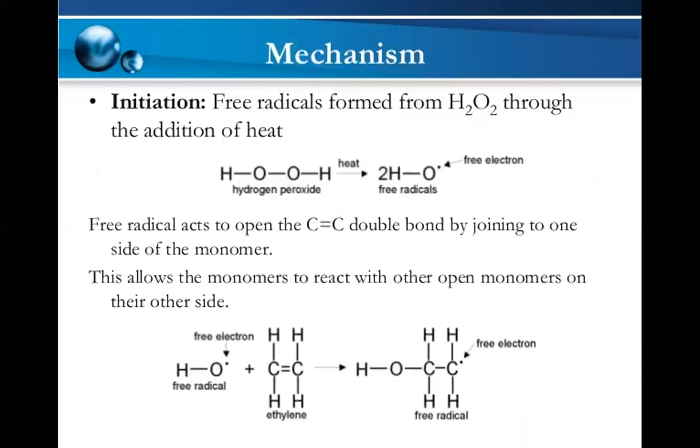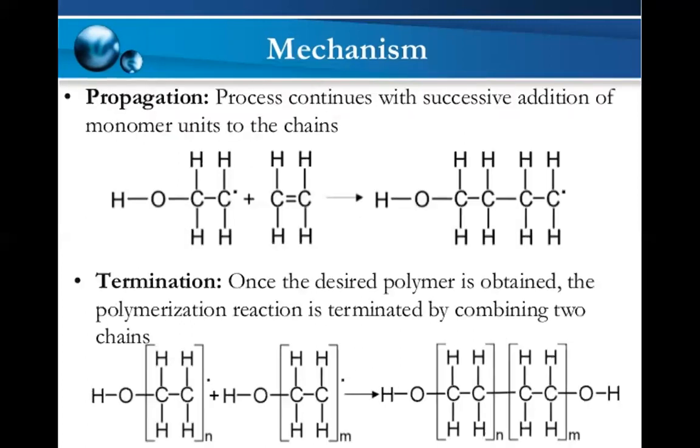Coming to the mechanism of copolymerization, as in addition polymerization, it also involves a 3-step free radical mechanism. The first step is the initiation step, the second step is the propagation step, and the third step is the termination step.